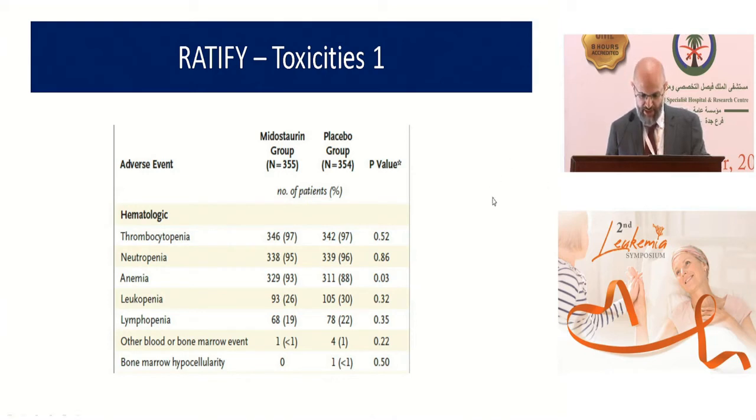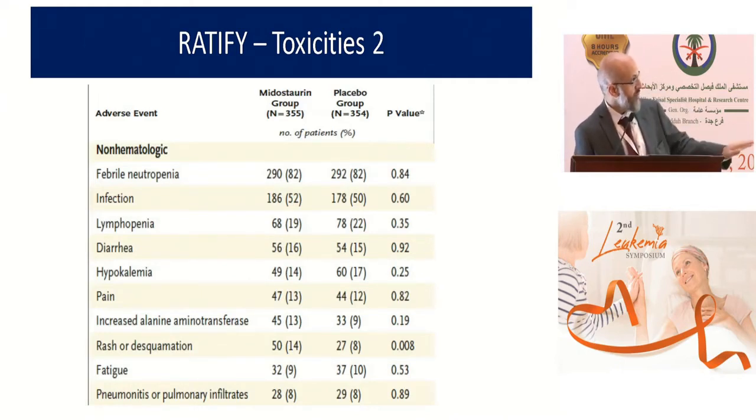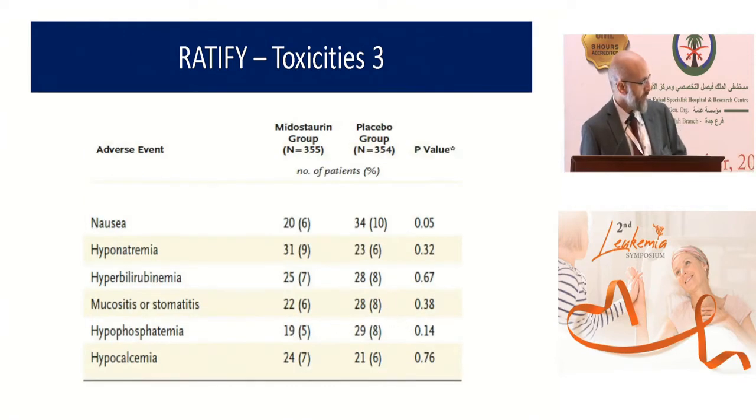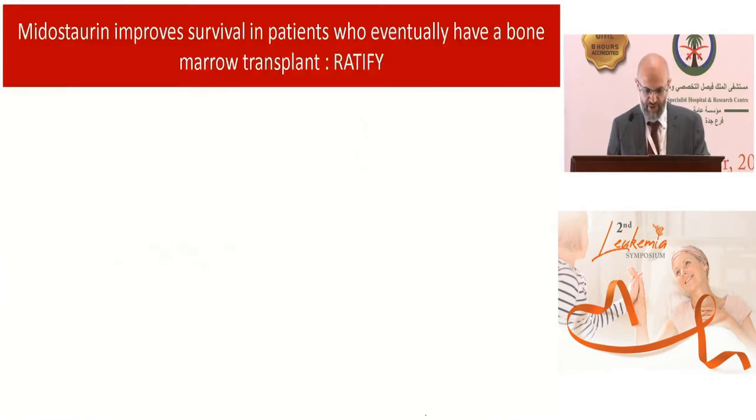So anemia you would expect, but the only other difference in terms of significant side effects was a higher frequency of rash, but again, it's 14% versus 8% in the midostaurin arm, and maybe some more nausea. We've maybe had a couple of patients who've had problems with nausea and vomiting with midostaurin, and there is a dose adjustment for that.